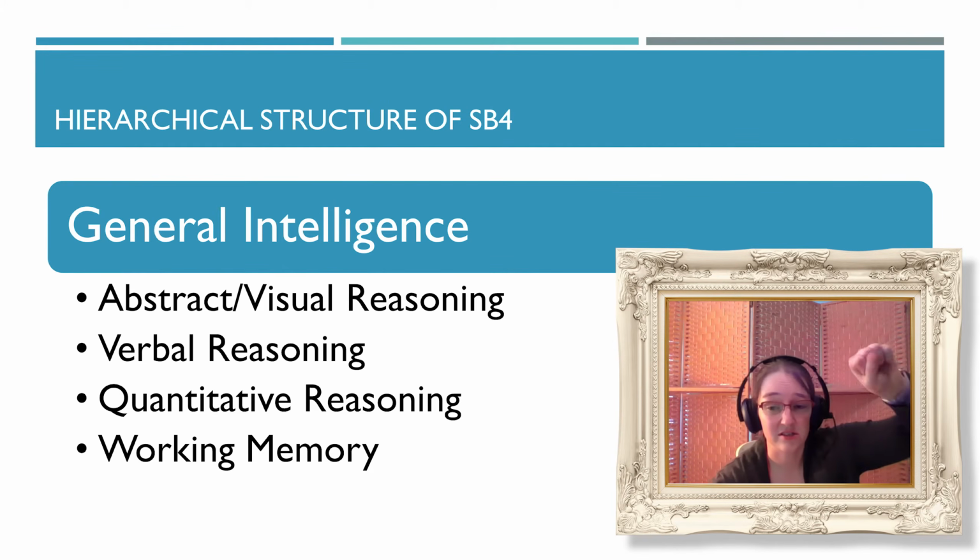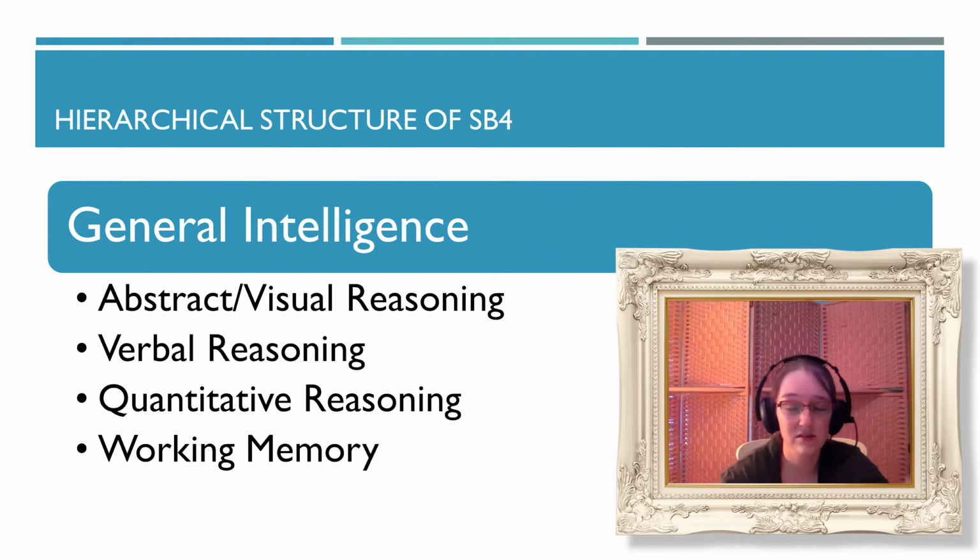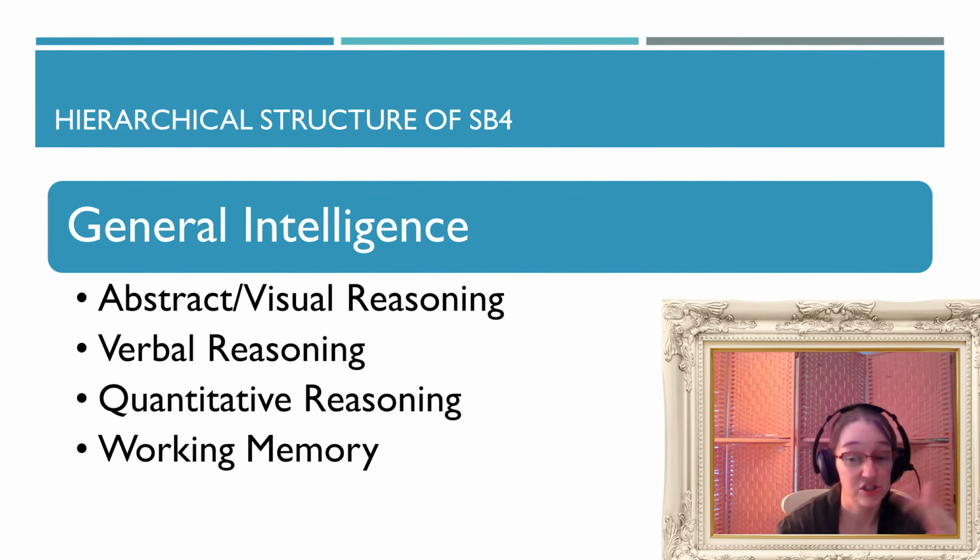General intelligence is the overall factor, and these four chunks are related, but not super linked, but they all link back to general ability. And you'll notice here that it's much more balanced as opposed to just verbal reasoning.